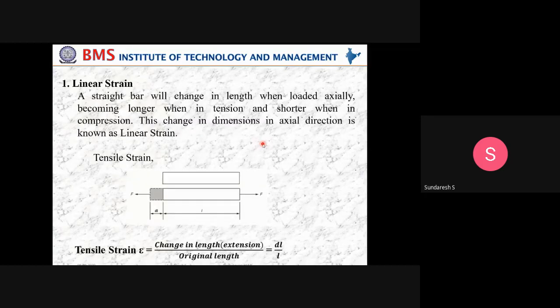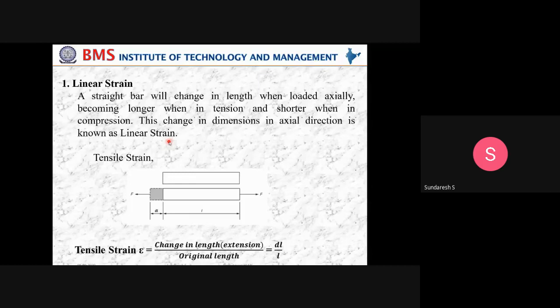Let's start with what is a linear strain. Look here, a linear strain. A straight bar will change in length when loaded axially, becoming longer when in tension and shorter when in compression. This change in dimension in the axial direction is known as linear strain.